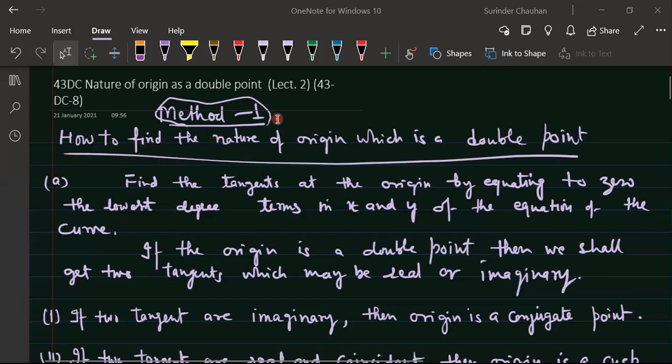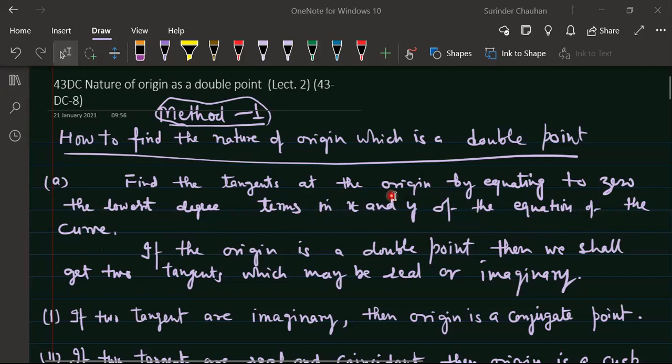So the first method is to find the tangents at the origin, if the curve passes through the origin, by equating to 0 the lowest degree terms in x and y of the equation of the curve.